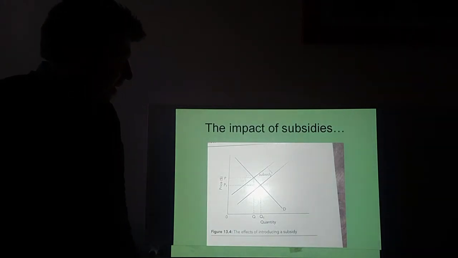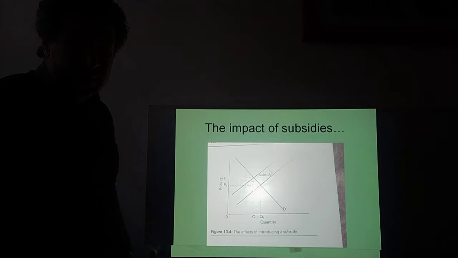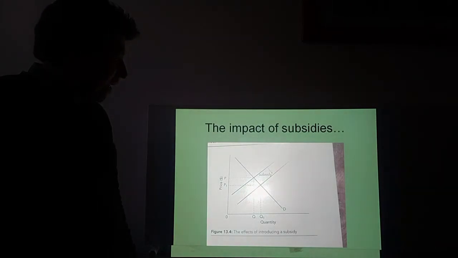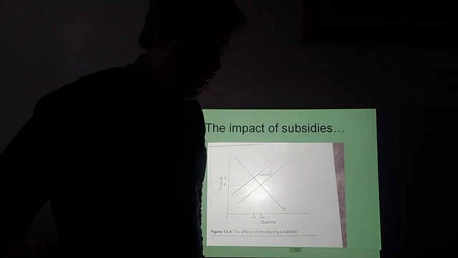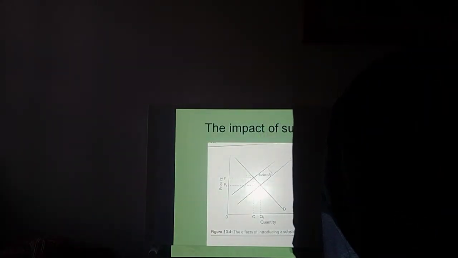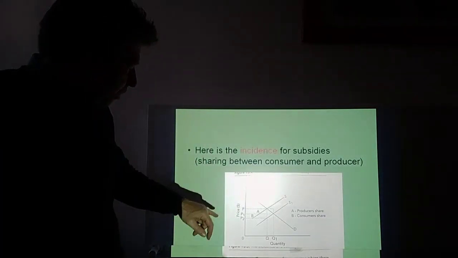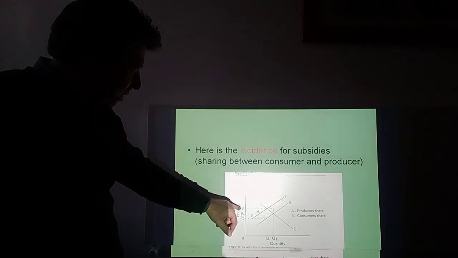Subsidies will increase supply. Here we can see supply has shifted to S1 and the price has been reduced. The original price here is P, and P1 is the new price.